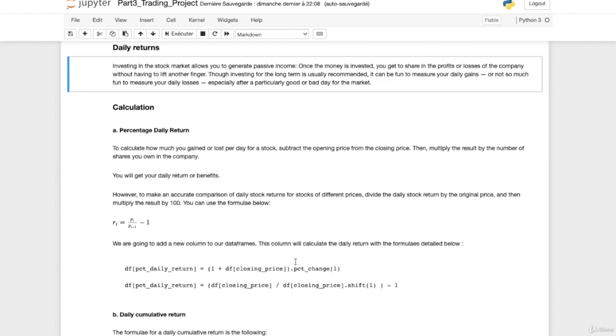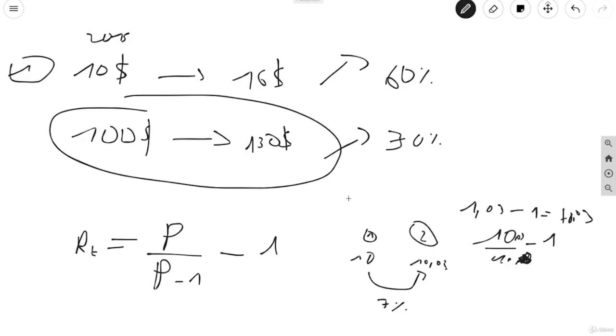For instance, if you use 2, you will not have your daily returns, you will have your 2-day returns, which means you will have your return after 2 days. Instead of having P divided by P minus 1, you will have P divided by P minus 2. You will have a 2 days gap.